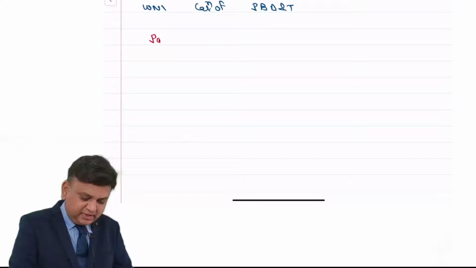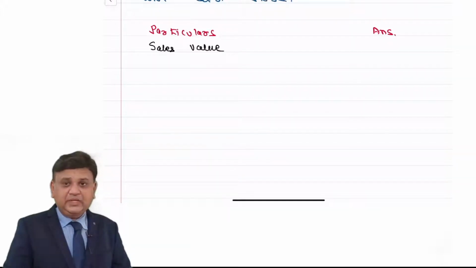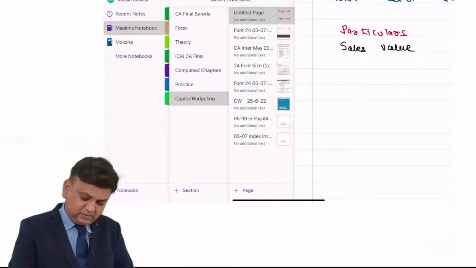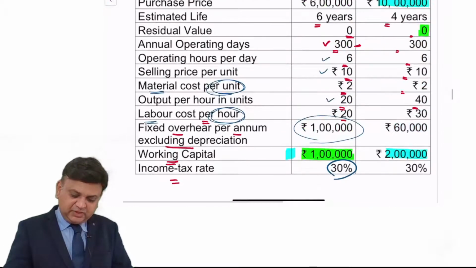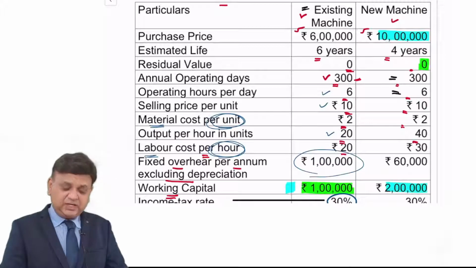So column number 1 is particulars and column number 2 is answer. In that we will have first of all the sales value. In terms of sales value, we will have working like this. As per the information given, there are 300 working days in a year, working for 6 hours a day.